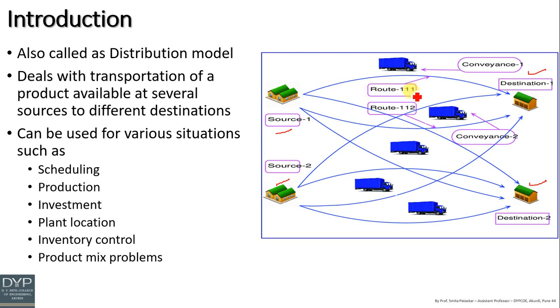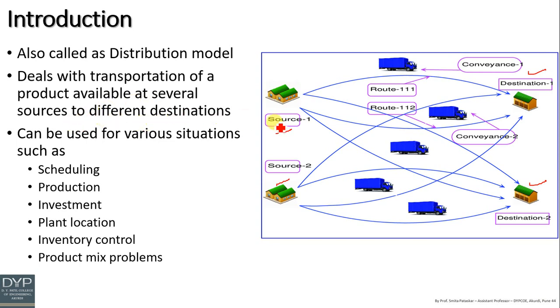The routes can be named as 111, 112 or whatever you like. There are various modes of conveyance which will also be used, like for example the road, railway, ships or maybe the aeroplanes. So this particular model deals with the transportation of product available at several sources to different destinations.